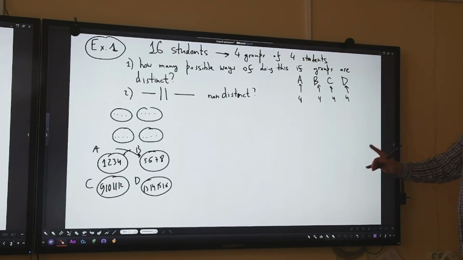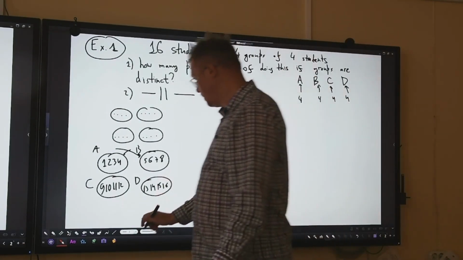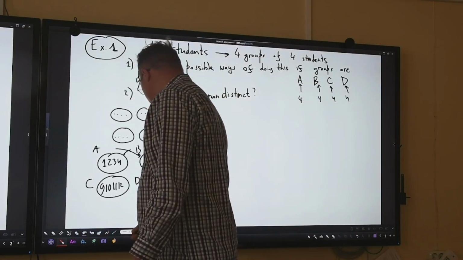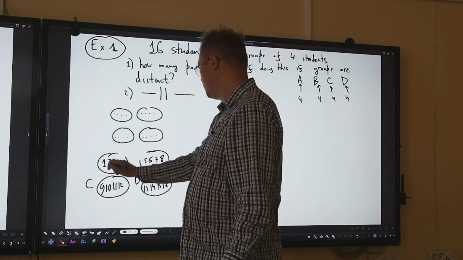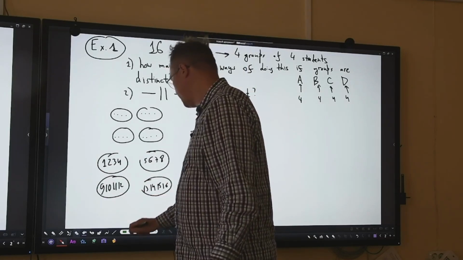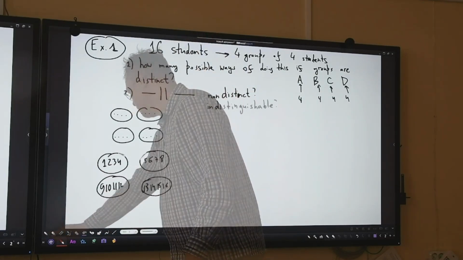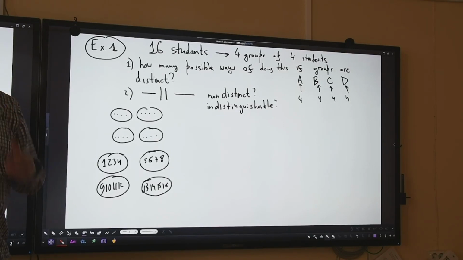But in the second part, we care only about separating the students. If your denotation like 16, 4 is 16 choose 4, then I think your answer is not correct for the second one.